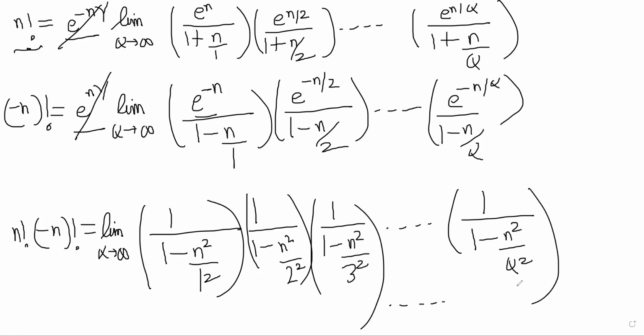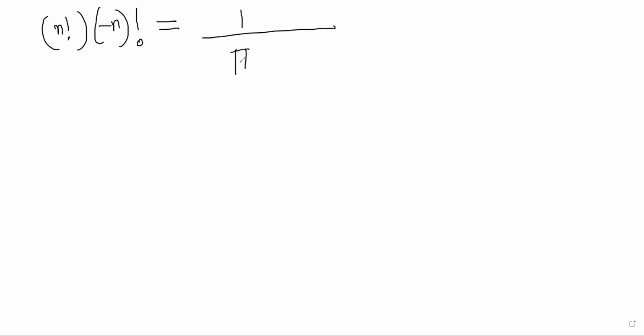Great. So now this should remind you of the infinite product of the sine y by y that we had already gotten earlier, right? So I will write this result on the next screen. What I'm getting here is n factorial into minus n factorial is equal to 1 by the infinite product, k goes from 1 to infinity, of 1 minus n square by k square, right?